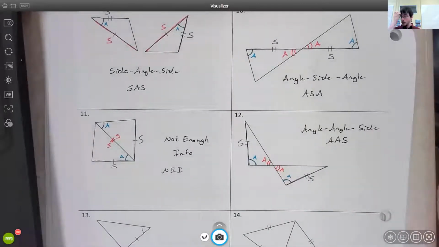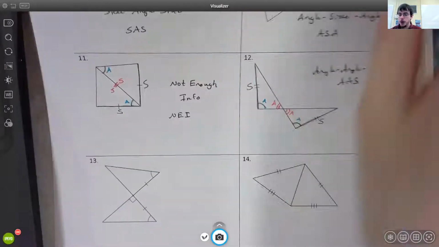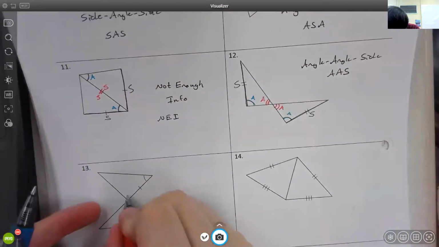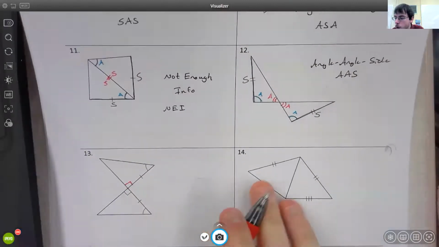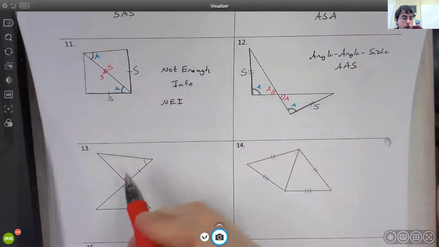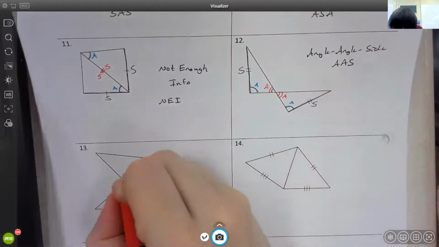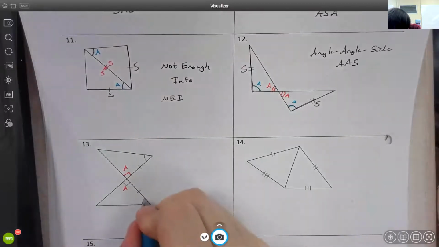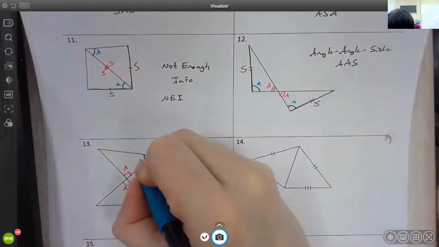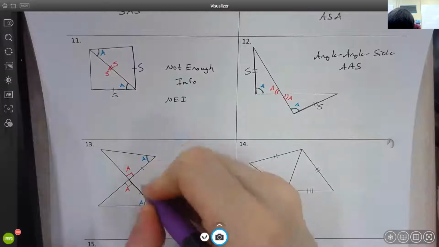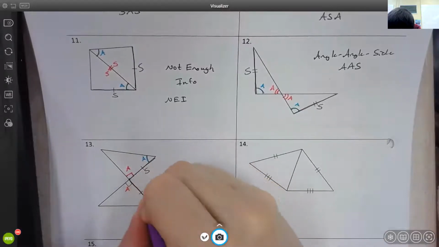Okay. Number 13, we see immediately that we have a set of vertical angles. So we're going to go ahead and draw that in. Now, we only have one pair of sides that are congruent, so this cannot be hypotenuse leg, even though we have two right triangles. Then we have another pair of angles here that are congruent, and a pair of sides that are congruent here.